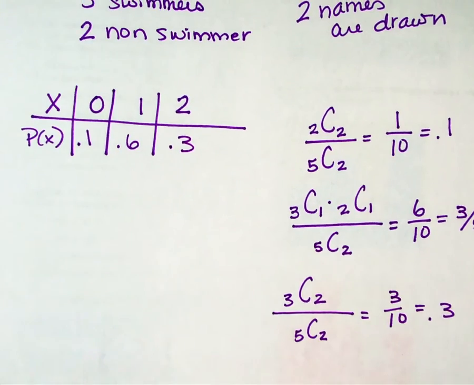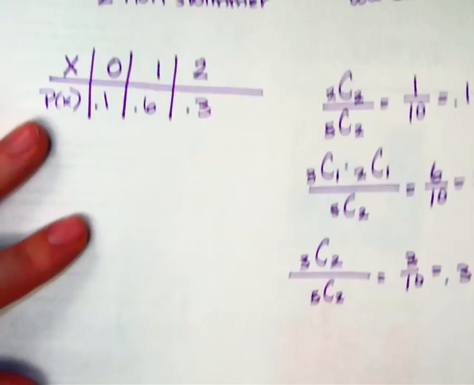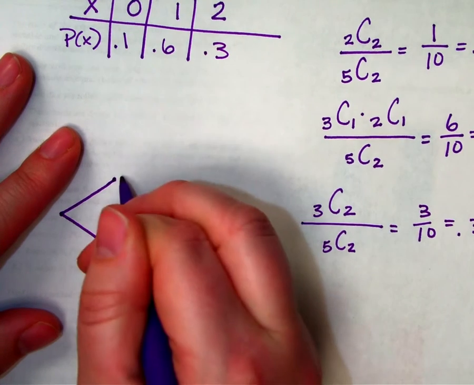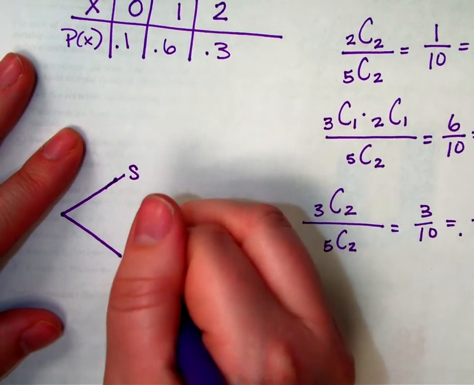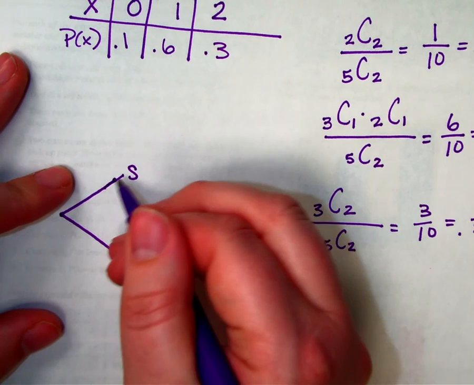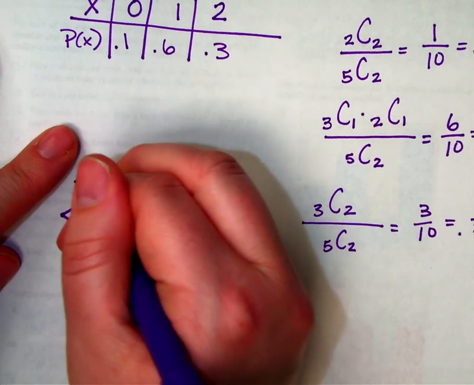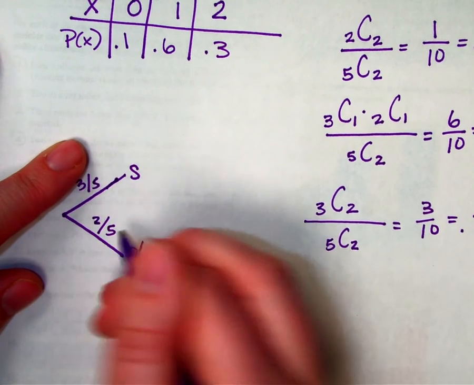Your book, like I said in the headline, suggests that you do this as a tree diagram, and you could do it as a tree diagram. So your first choice in picking a name is swimmer or not a swimmer. The probability that you get a swimmer on the first draw is 3 out of 5, and the probability that you get a non-swimmer is 2 out of 5.